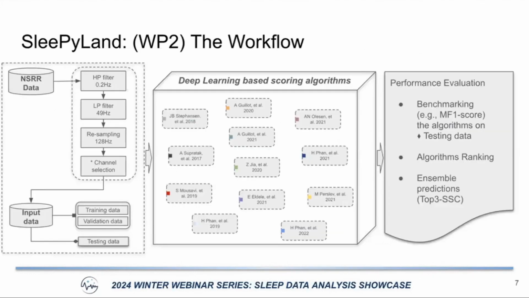So I'm going to leave you with this workflow summarizing the whole project. As you can see, we're going to start from the NSRR data. We're going to find a way to process and harmonize this data to make it ready as input to all these deep learning based scoring algorithms that we have selected and we will select.